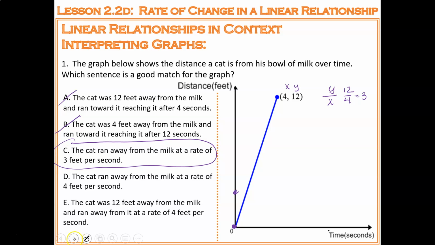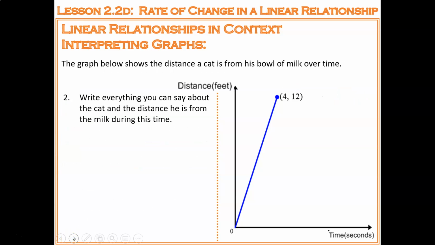All right. Let's write everything you can say about the cat and the distance he is from the milk during his time. So the cat is actually starting at the bowl of milk. So the cat starts at the bowl of milk. And we said he's running away from the milk at a rate of 3 feet per second.